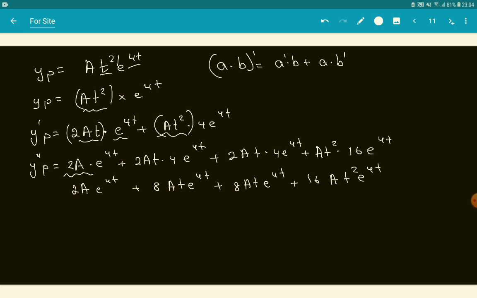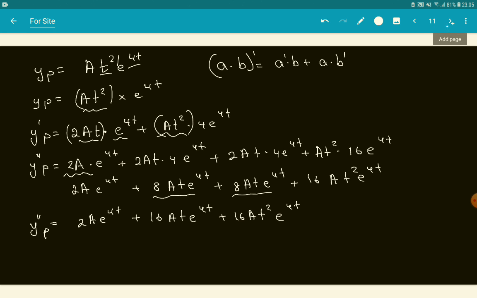Let's see if there are same things. So this one and this one are the same, so I write 2a e^(4t) plus 16at e^(4t) plus 16at squared e^(4t). I hope that it's correct. Now we know what yp, y prime p, and y double prime p are. Knowing that, we can write our equation.